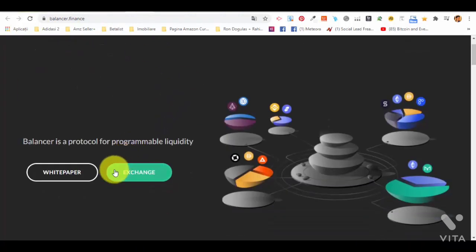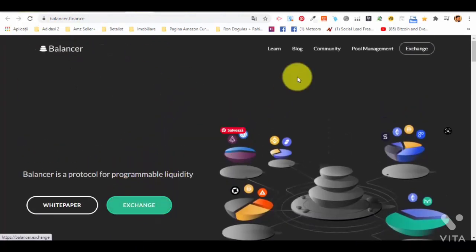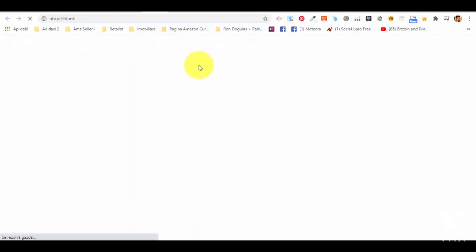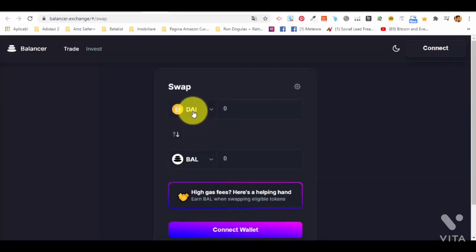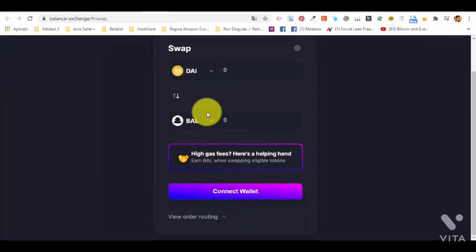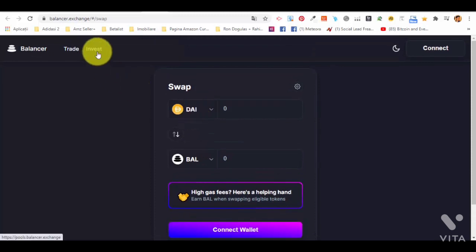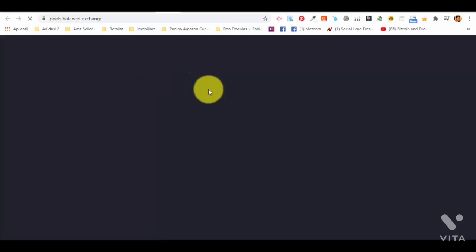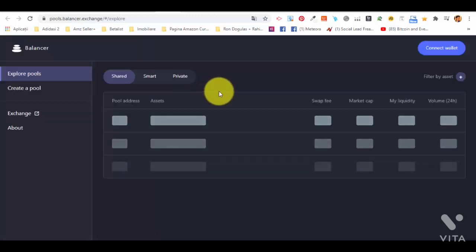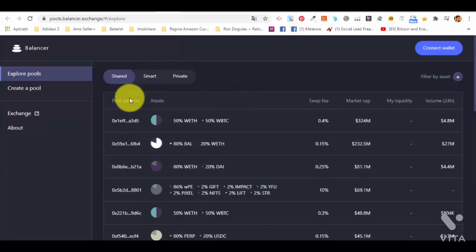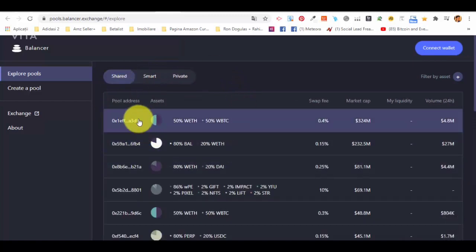In Balancer, if you have a look at the exchange, you can just swap between coins, and if you want to invest, you click on the invest button and you see a lot of pools that have been created.